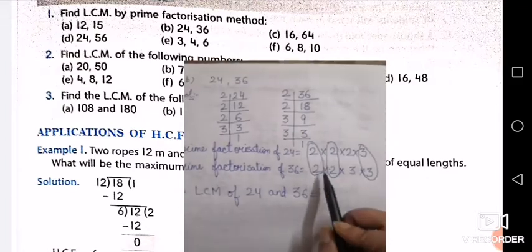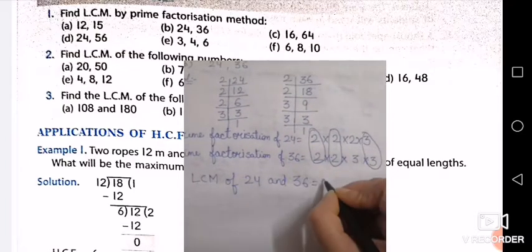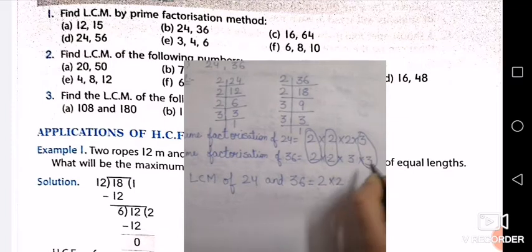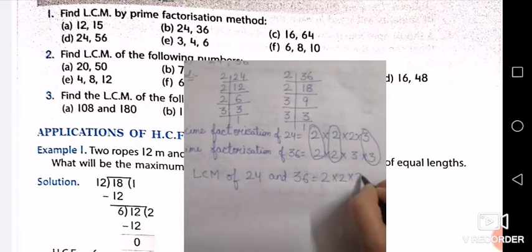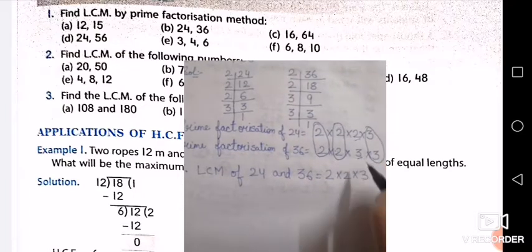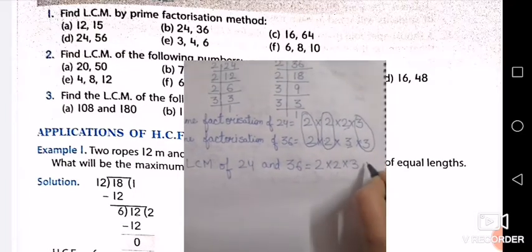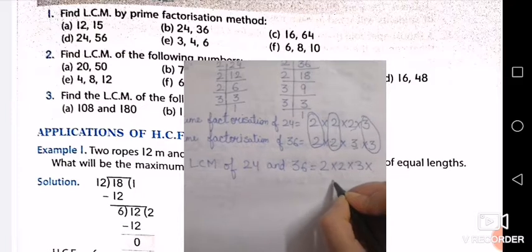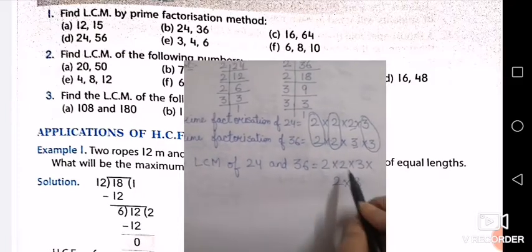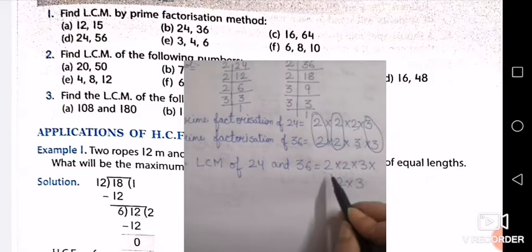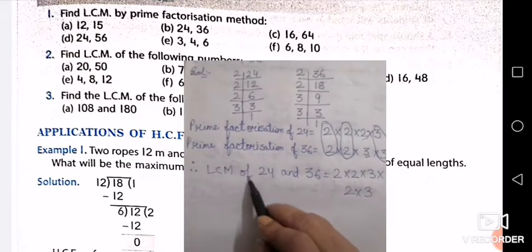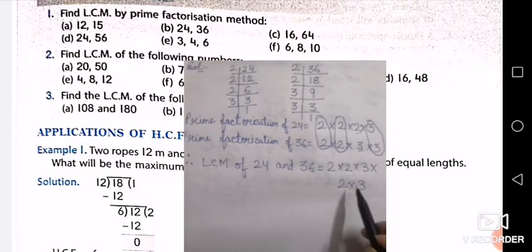So out of this circle, you will take out only 1, 2, 1 more 2, and 1, 3. Now whatever is left, like 2 and 3 are left, that also you will write along with this number, 2 multiply by 3. Now the product of all these factors will become the least common multiple of the given two numbers.